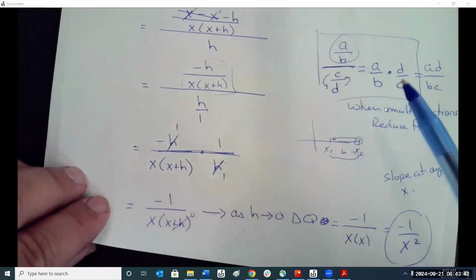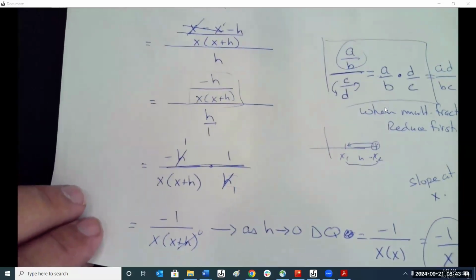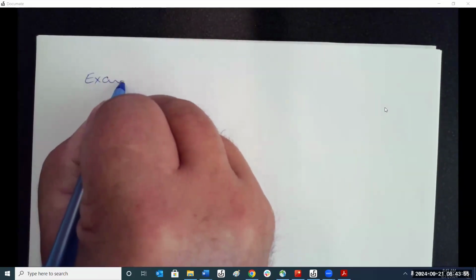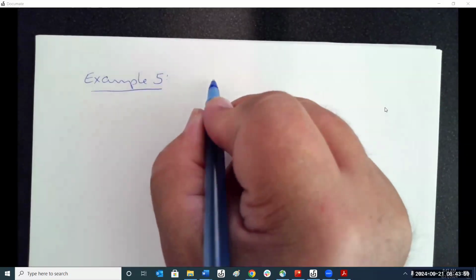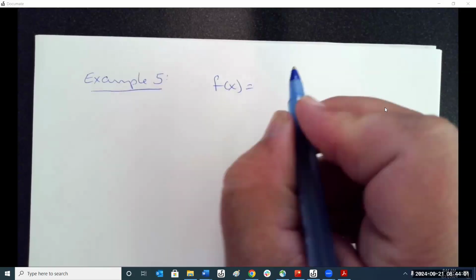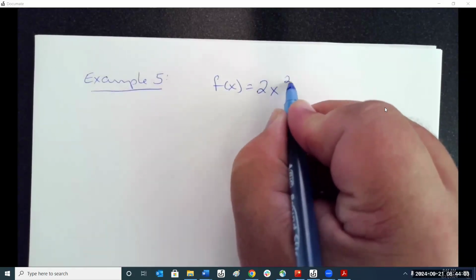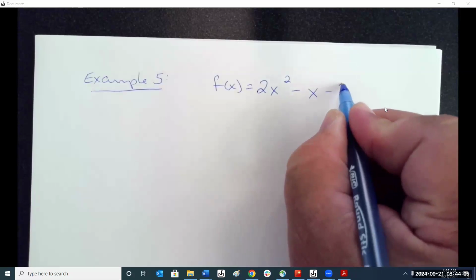Okay, so that's if you have fractions. It's not really difficult, it's just long. Speaking of long, now we have example 5. Our function here is 2x squared minus x minus 3.